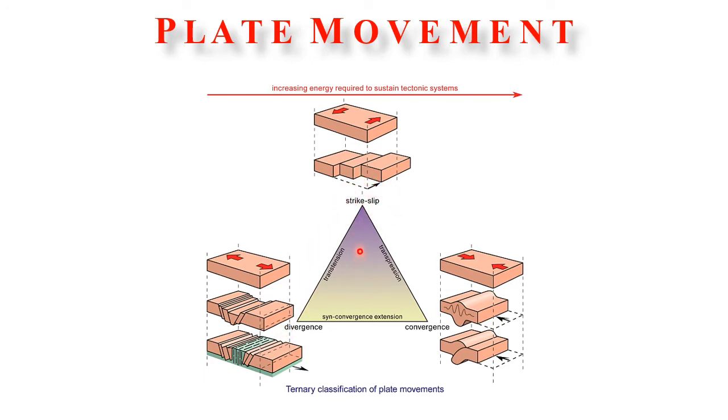This type of movement is known as transtension. And if convergence and strike slip movements go hand in hand, this type of movement is transpression. And if convergence and divergence occur together along some plate boundaries, this is a syn-convergence extension type of movement.